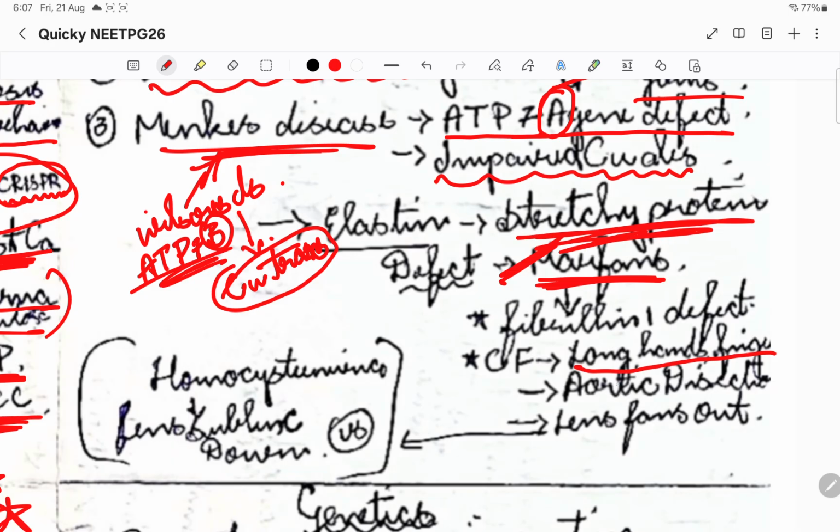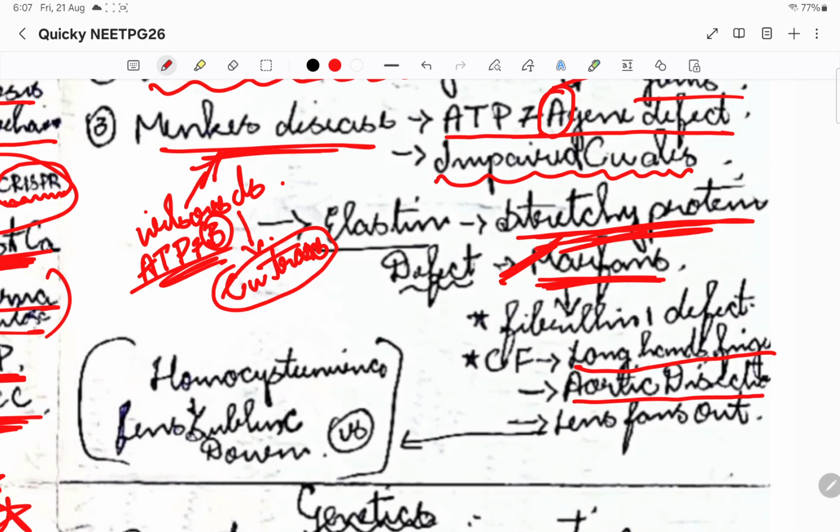Suddenly some emergency will come, aortic dissection, and just by seeing their hand, they'll diagnose, right? In an airport, some fellow will fall, and by seeing his fingers, the doctors will say, oh okay, he's definitely having aortic dissection, because he has a long face, long hands and all. So that is Marfan syndrome.